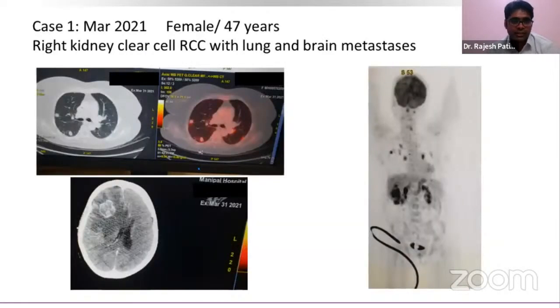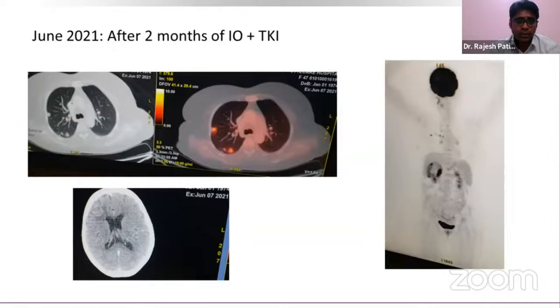Now if we discuss this case, this is a 47-year-old female with right kidney renal cell carcinoma with multiple lung and brain metastases, and this patient was started on immunotherapy combination with a tyrosine kinase inhibitor. After 2 months, if you see, this patient has responded very well.